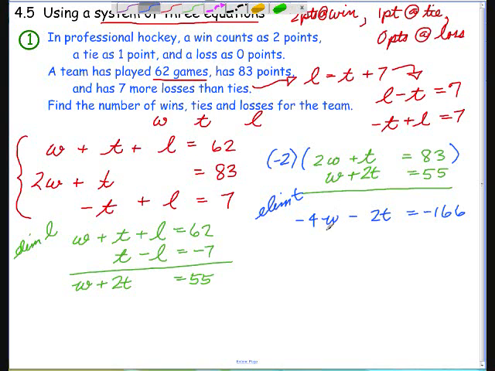This second one I'm not going to make any changes to, just put in W plus 2T. You can see that's going to work nicely. And this is 55. All right. Adding these together, I have a negative 3W. This zeros, and this is going to be a negative 111, isn't it? A negative 111. Look right?